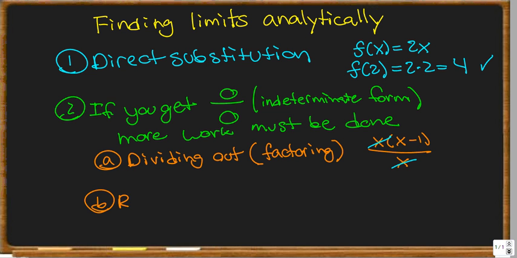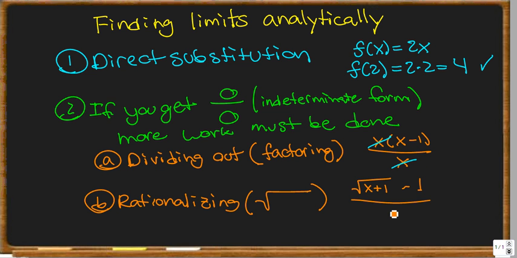B would be a strategy called rationalizing. Now, this is going to be when you see square roots, okay? So you may see something like the square root of x plus 1, minus 1, over x.